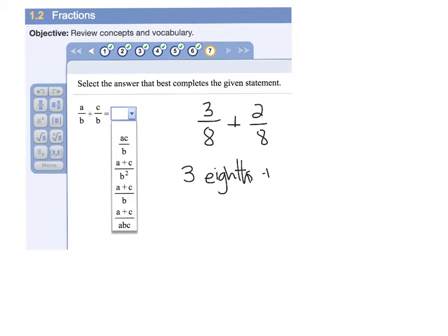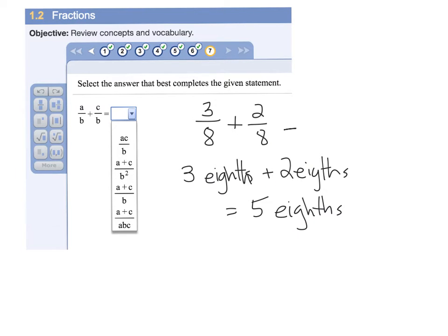And then 2/8, you could think of it as a label, like 2 apples. So you could say, well, 3/8 plus 2/8, that's going to equal 5/8. Oh, that's how you spell eighths. There you go. And so 3/8 plus 2/8, you could think of it in label terms. 3 eighths plus 2 eighths equals 5 eighths, like 3 apples plus 2 apples equals 5 apples.